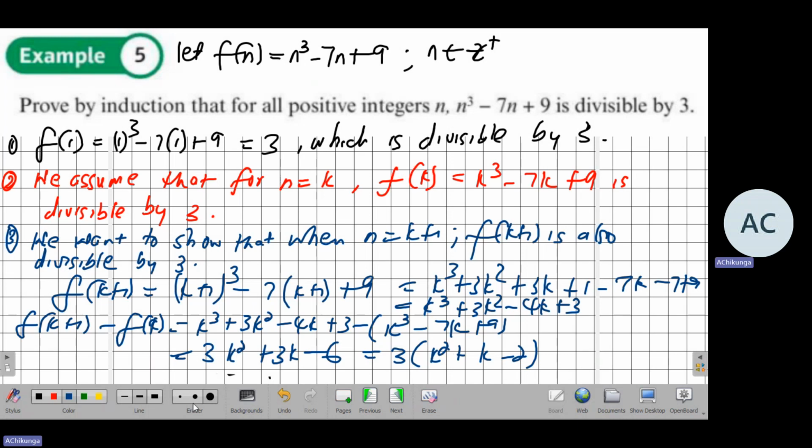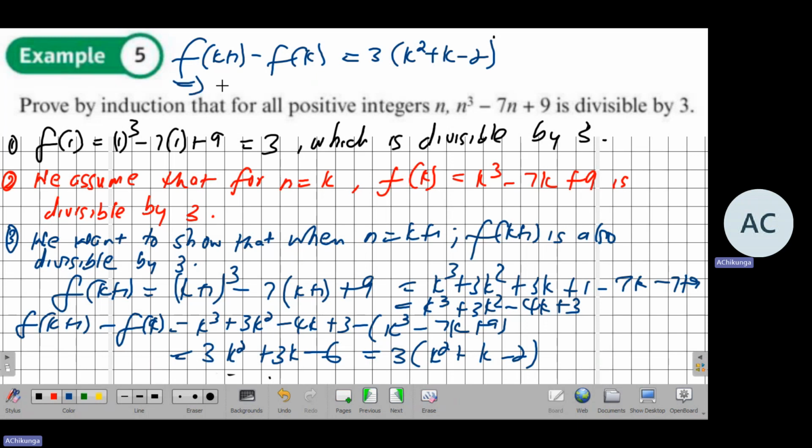Now, remember that from our statement, f of k plus 1 minus f of k gives us 3k squared plus k minus 2, which further implies that f of k plus 1 is equal to f of k plus 3k squared plus k minus 2.